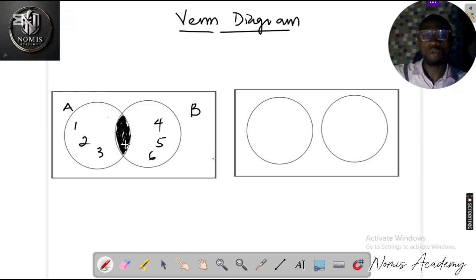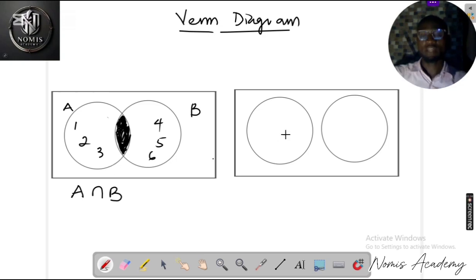Then among the common elements, we could have 7, 8, and 9. So 7, 8, and 9 is A intersect B. So this diagram now says this is A intersect B.